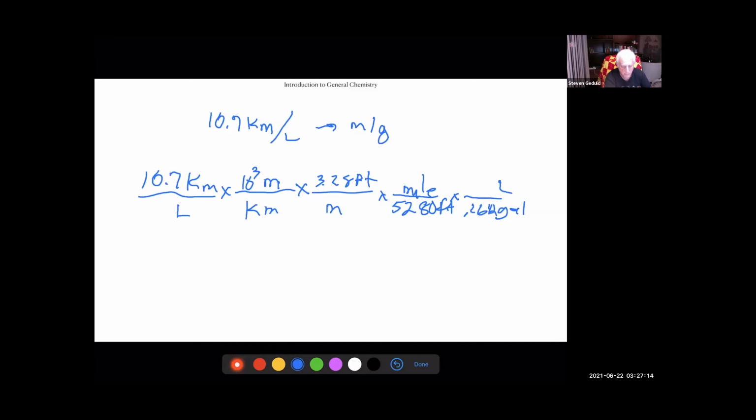You've got kilometers, meters, feet, left with miles, and then liters cancel, left with gallons. So take 10.7 times 3.28 divided by 5,280 feet divided by 0.2642.